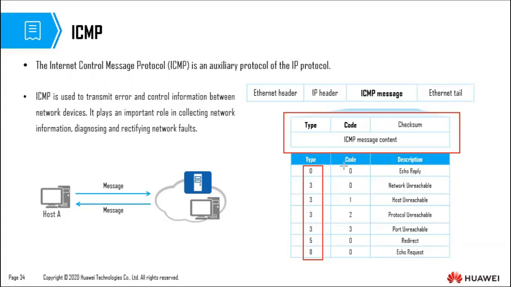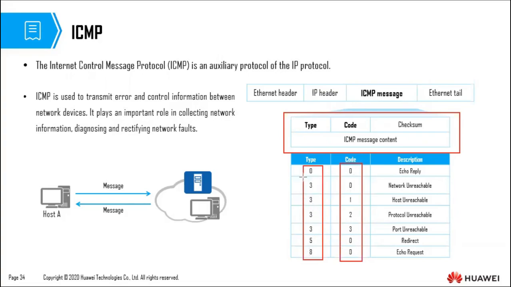Then the code field can store either of these numbers. So you can think of the type as the group, while the code is the specific message.